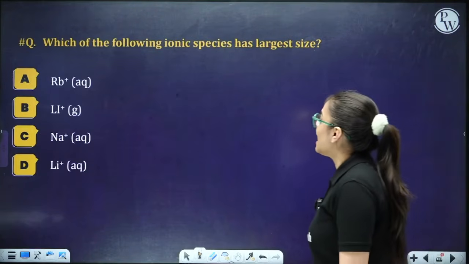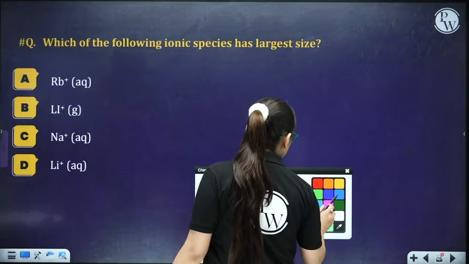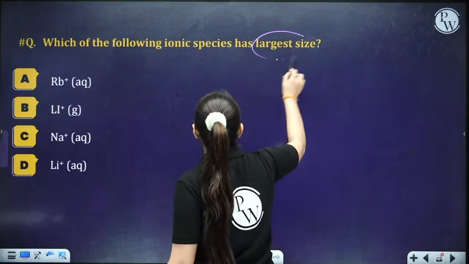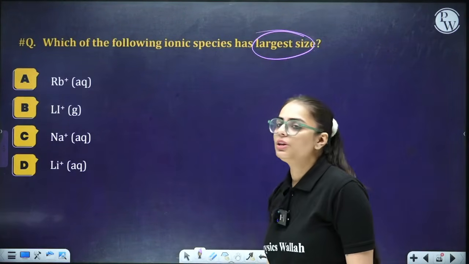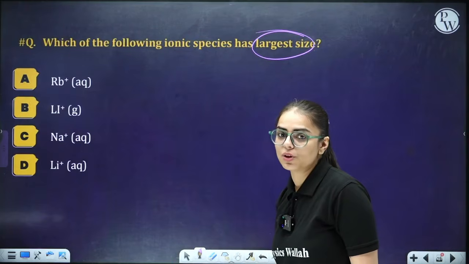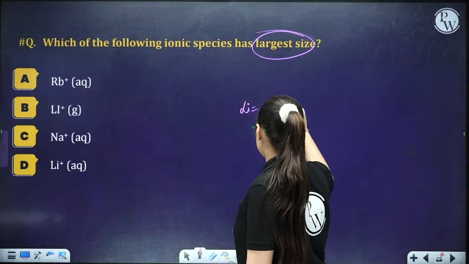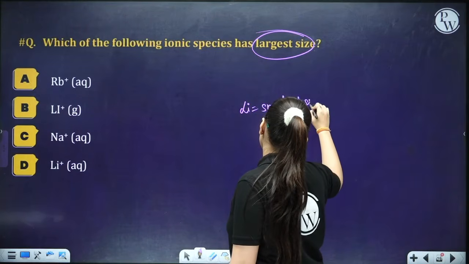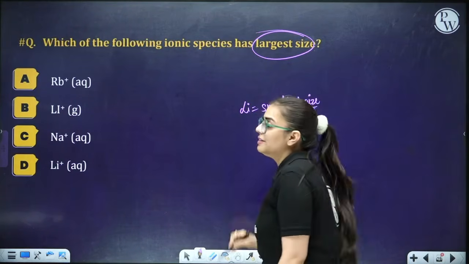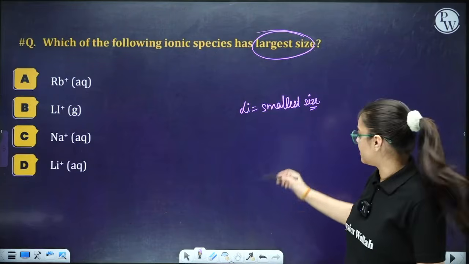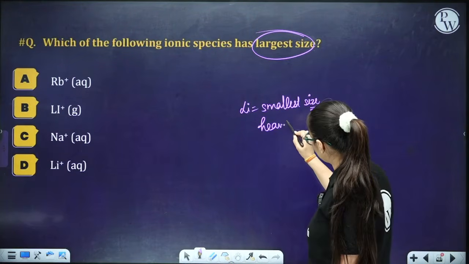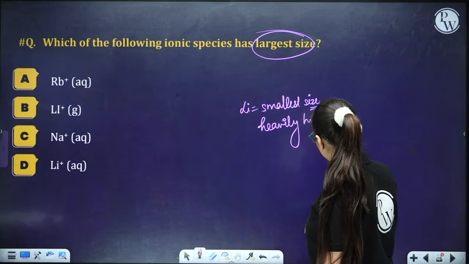Which of the following ionic species has largest size? Now this is the different kind of question. Many of you will say, ma'am, now only we have seen top to bottom, lithium will have the smallest size. See, lithium, students, does have the smallest size, but it can be hydrated. It is heavily hydrated.